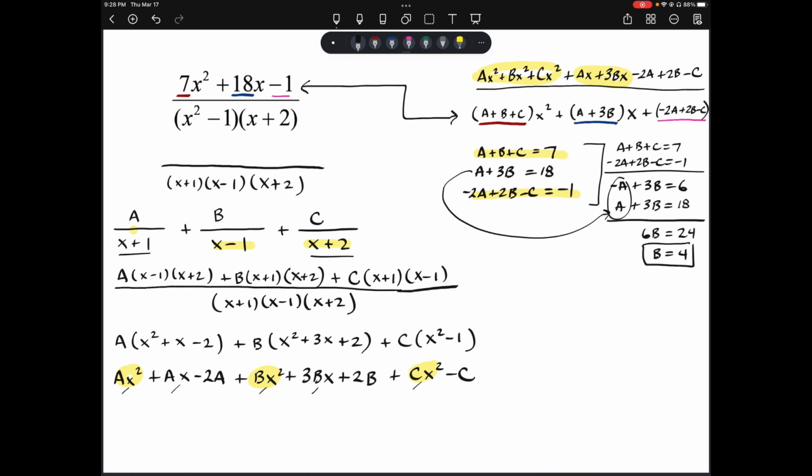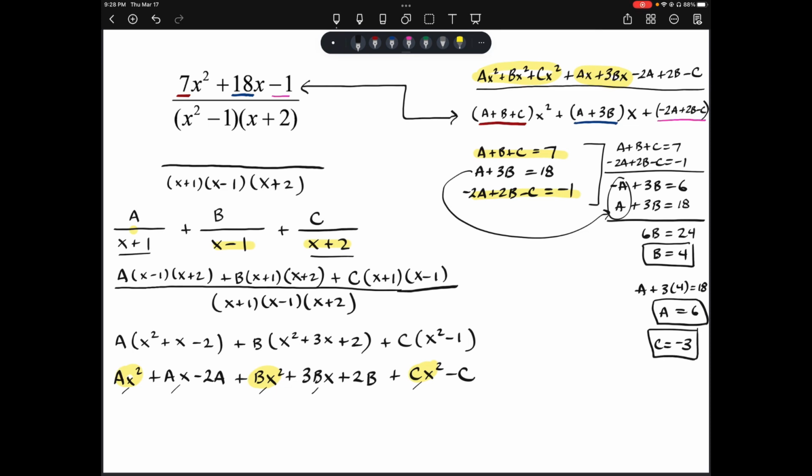All right, plug that back in, figure out what a is. Right, a plus 3 times 4 is equal to 18. So it looks like a is equal to 6. And then 6 plus 4 is 10. So it looks like c is going to equal negative 3.